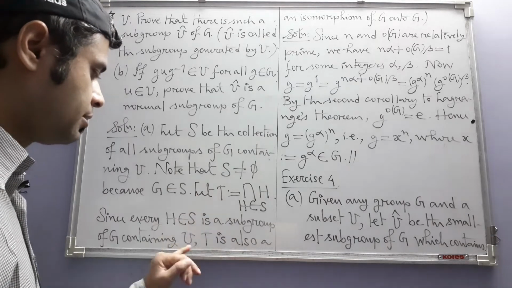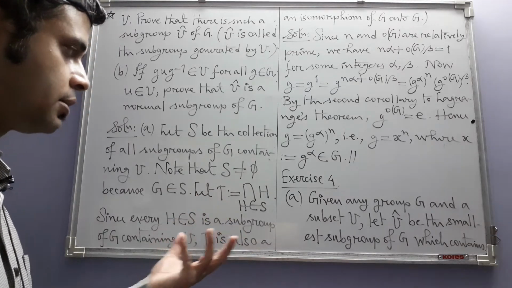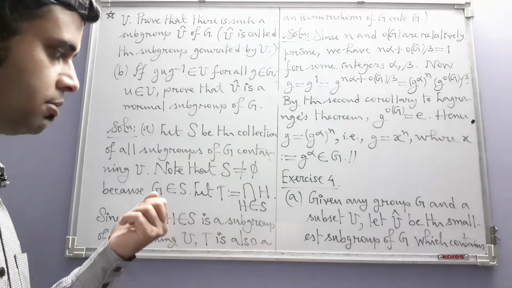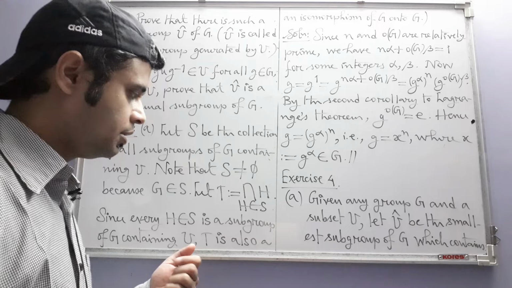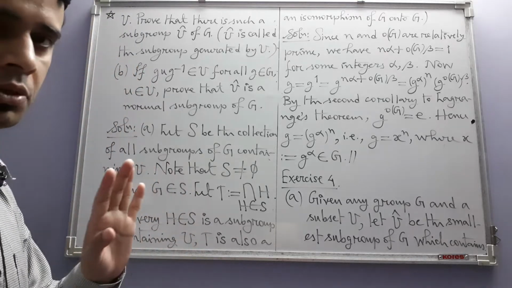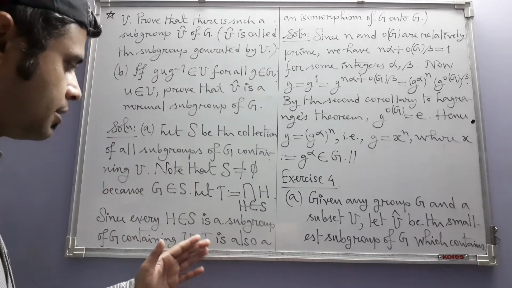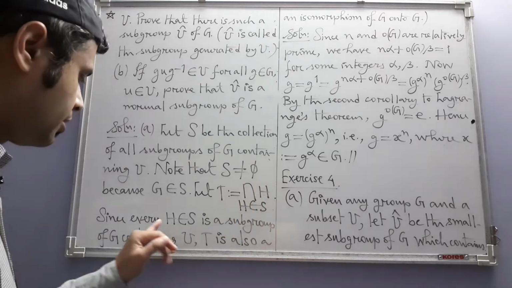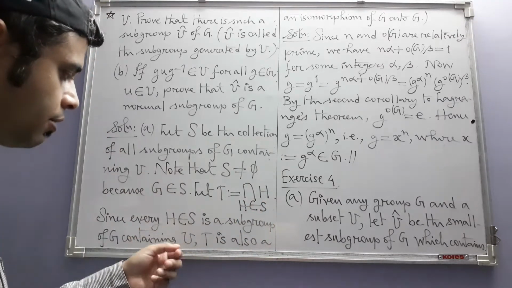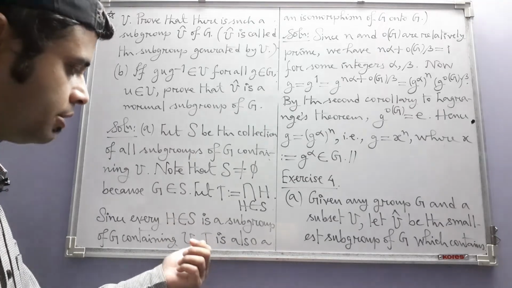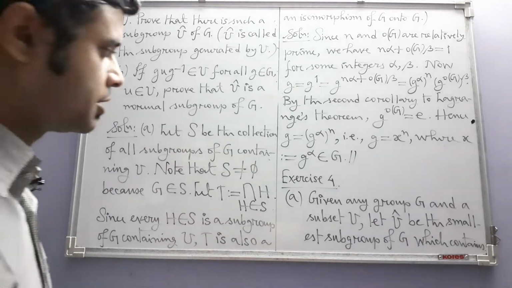The first is that since T is an intersection of a number of subgroups, which we have already seen, itself becomes a subgroup of G. Besides that, since every H contains U as a subset, their intersection will also contain U as a subset. So T contains U as a subset.